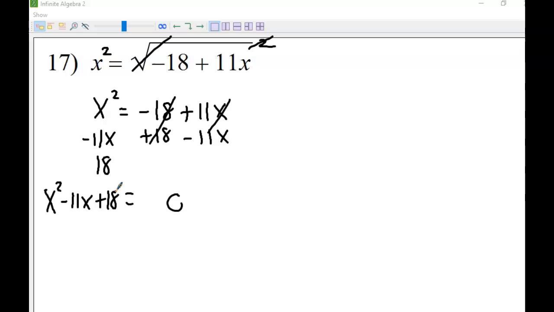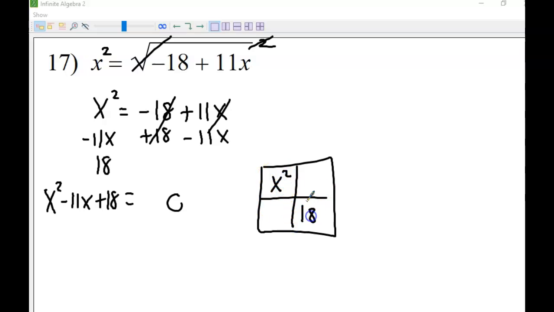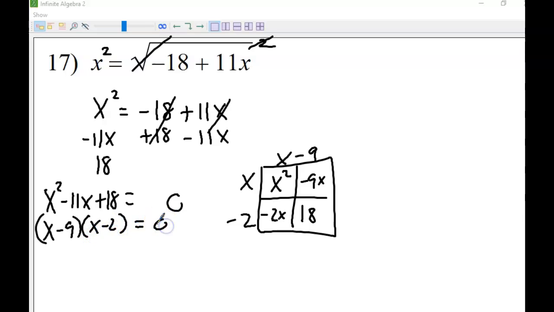We're going to be using factoring to solve this, using our box method approach. We would factor that into x minus 9 and x minus 2.